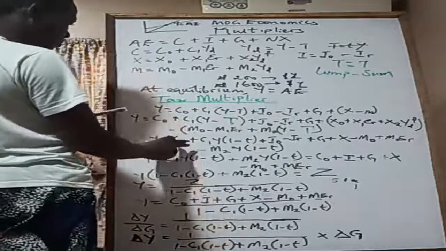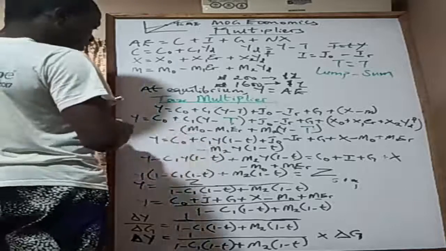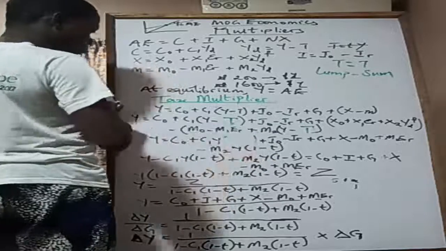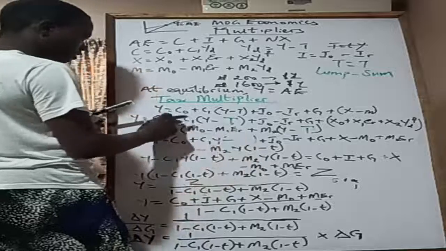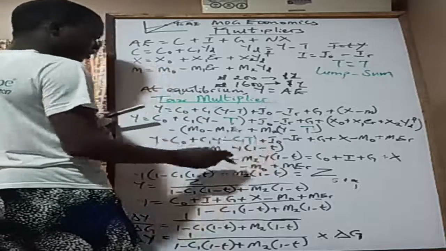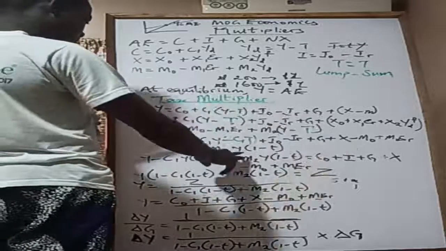So by the time we get here, we're going to be having C1Y, then erase this. So C1 multiplied by Y is C1Y, then minus C1 multiplied by T, C1T, right? Then the same thing here.